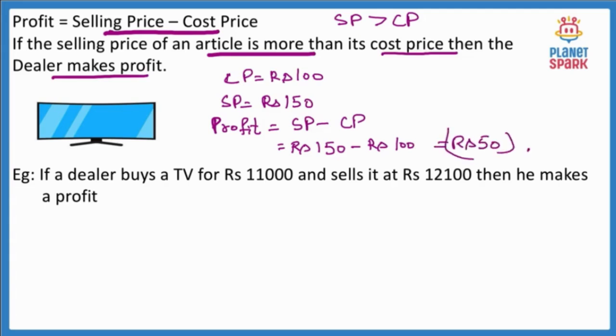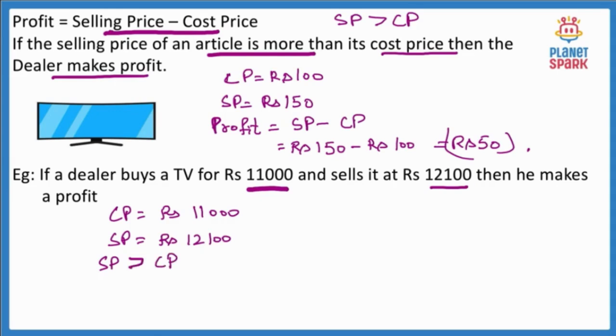Let's take another example. If a dealer buys a TV for rupees 11,000 and sells it for rupees 12,100. Now the dealer is buying the TV for 11,000. That means cost price is rupees 11,000. And further, the dealer is selling it for 12,100. That means the selling price is rupees 12,100.